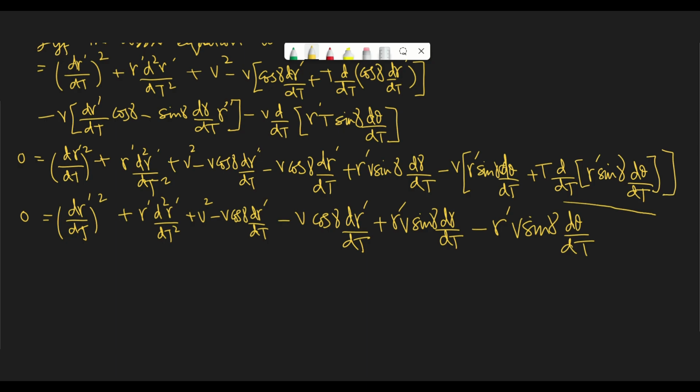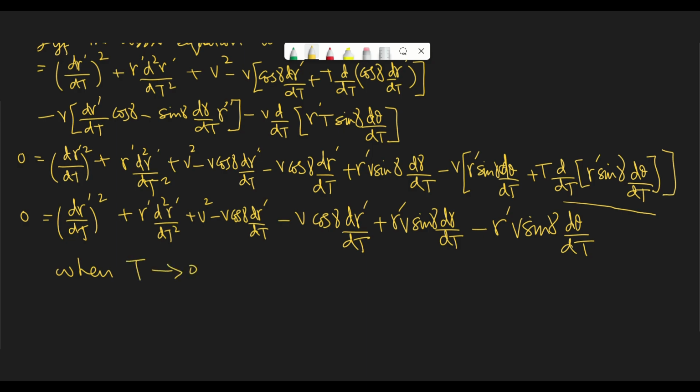We don't need this term because when we take the limits, when t tends to 0, this term will become 0 when multiplied with 0. So we'll skip this term.